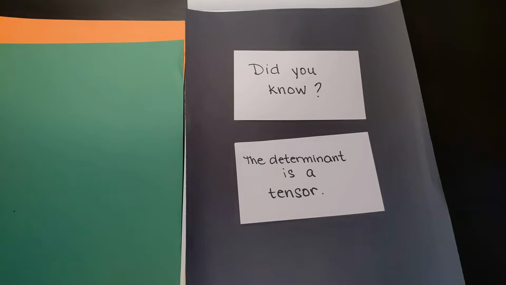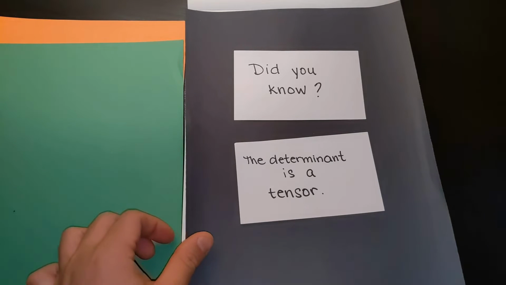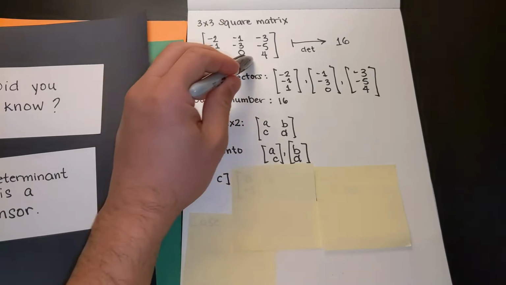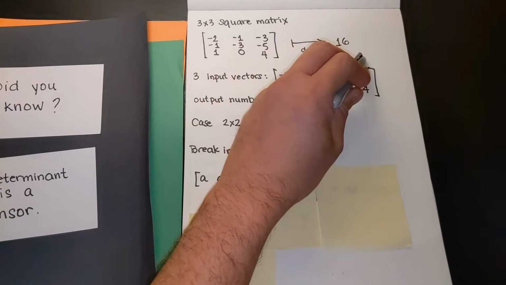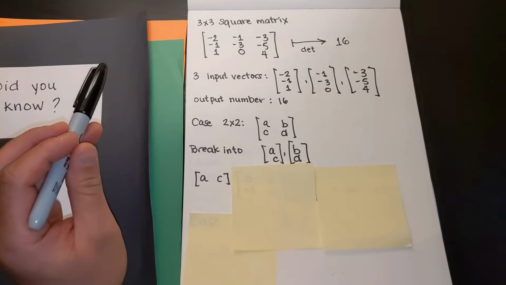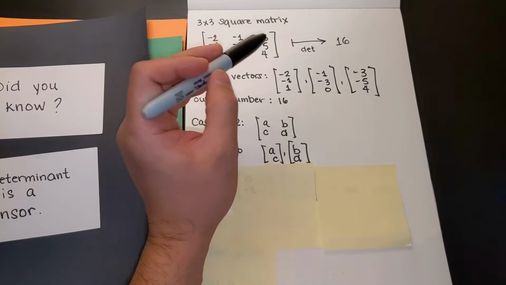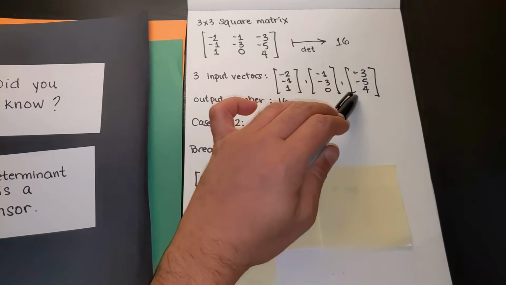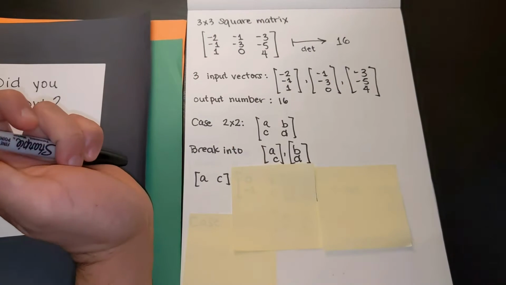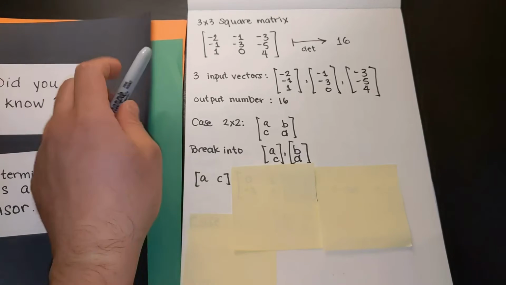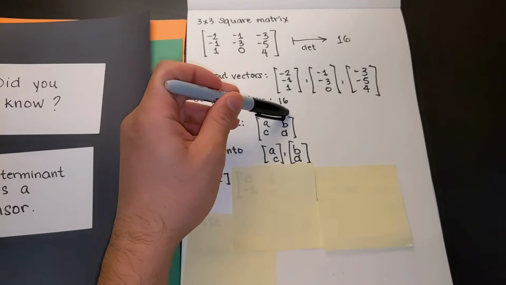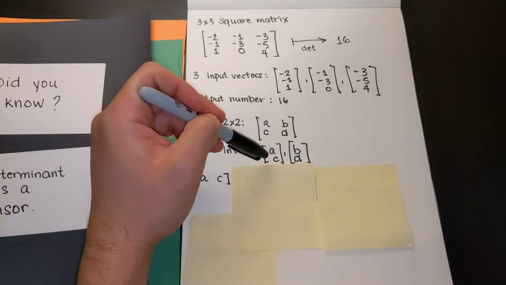So the determinant takes a square matrix and gives a number like this. How is this a tensor? The input vectors are the columns of the matrix. For example, here's a 2x2 matrix. Break this matrix into columns.